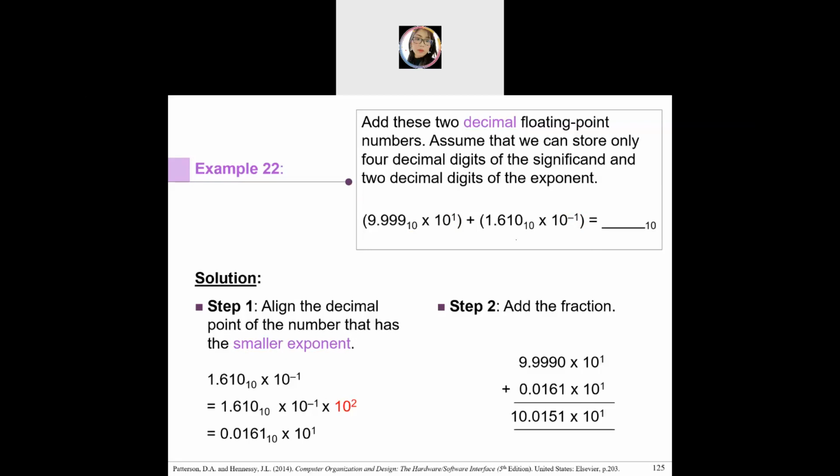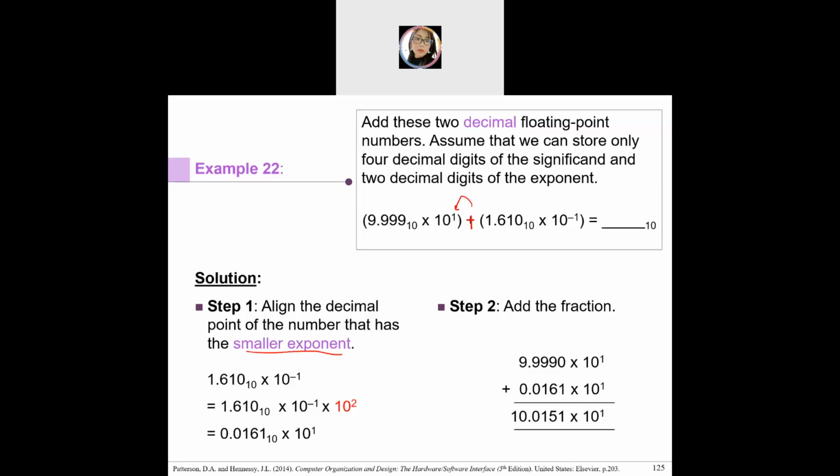Sorry. We want to align the decimal point of the number that has the smaller exponent. -1. This one is plus. Oh, we want to go for the biggest. The wording is confusing.